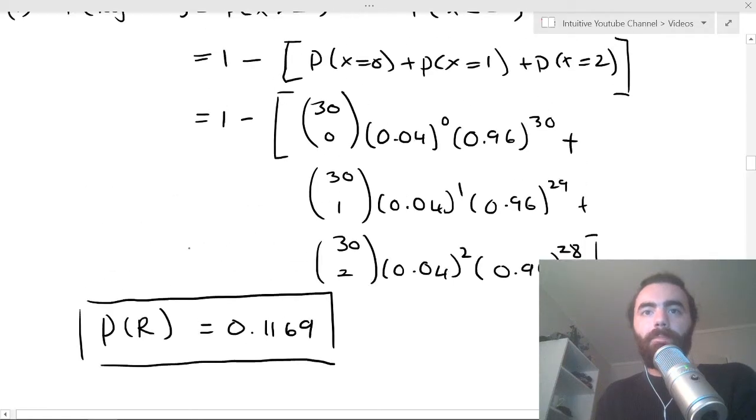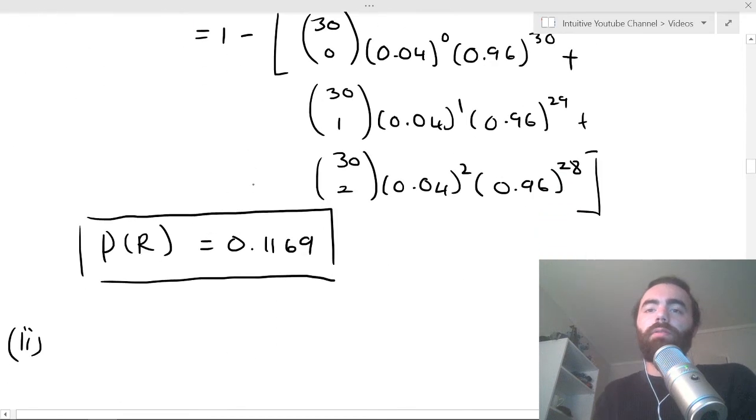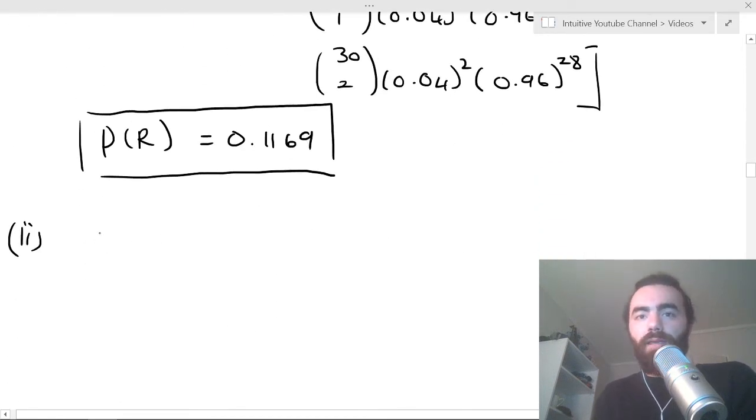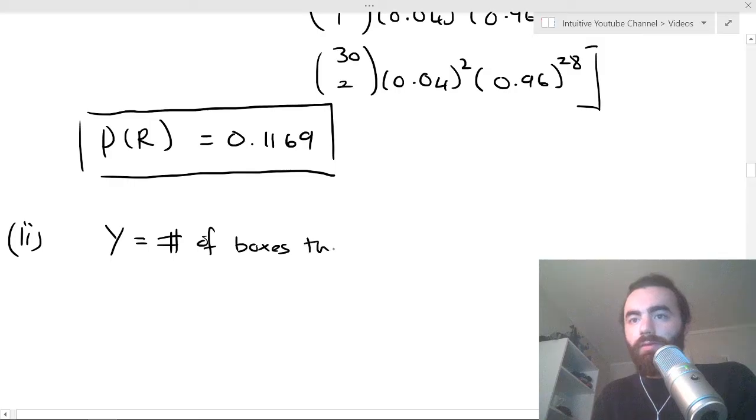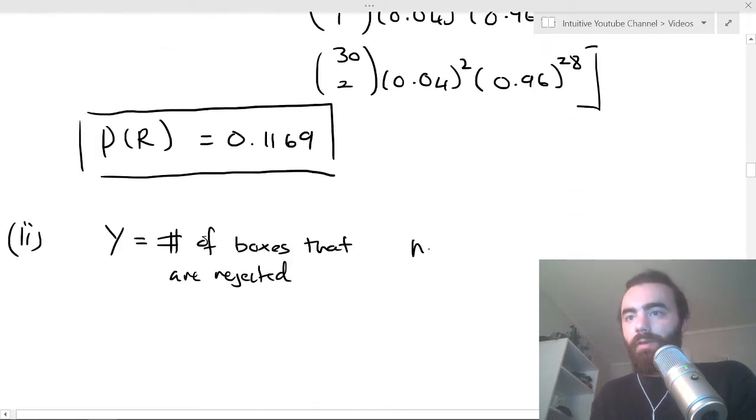Part 2. It says now 280 boxes are chosen at random. Use an approximation to find the probability that at least 30 of the boxes are rejected. Well, now we could say Y is the number of boxes that are rejected, of that 280. So n is 280.